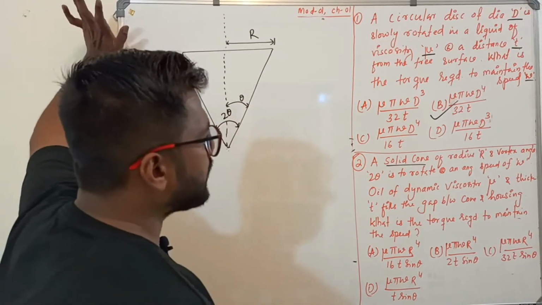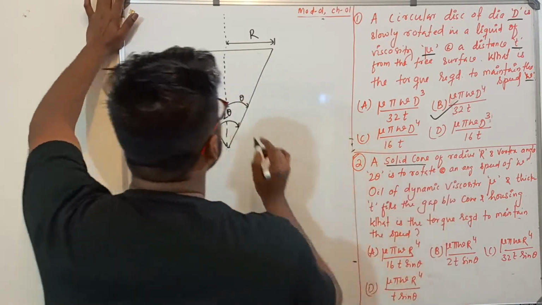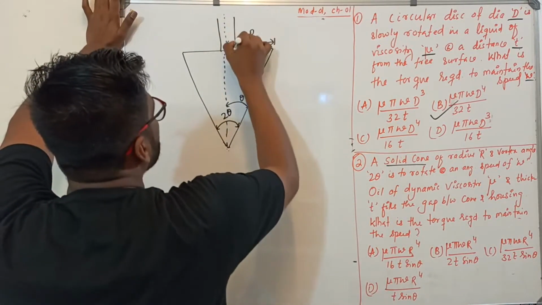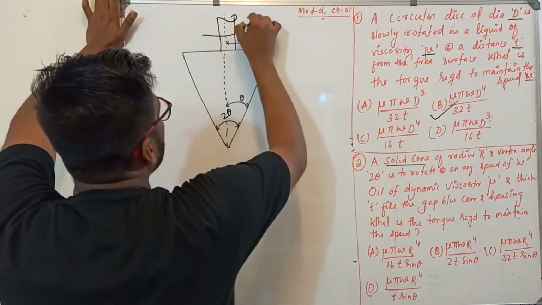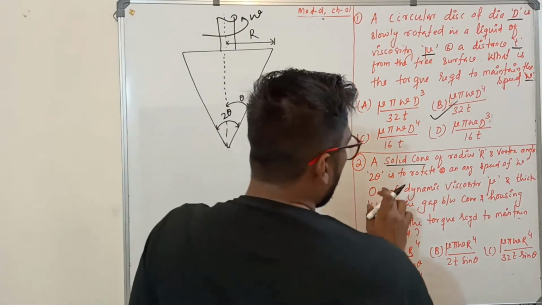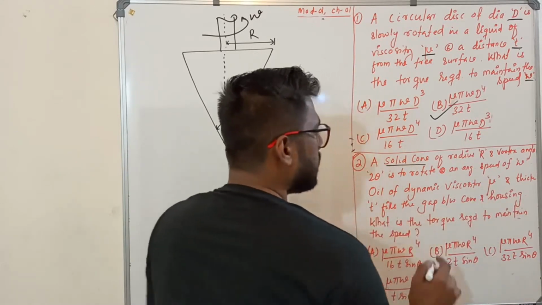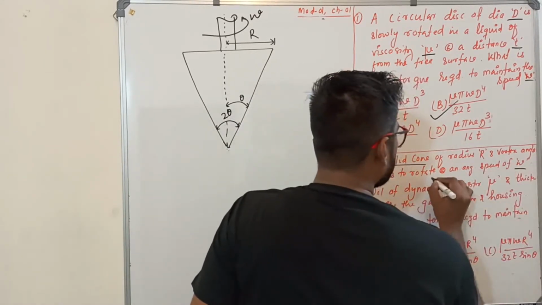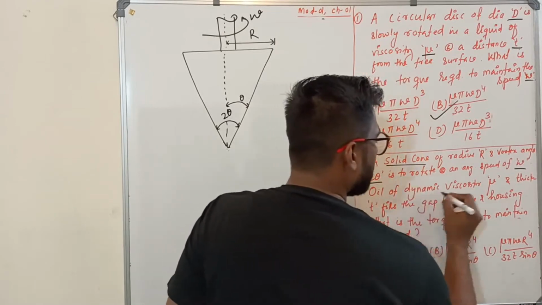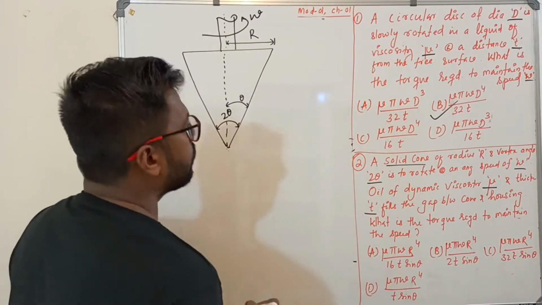Now, the cone is rotated at an angular speed of omega. We have connected a shaft and we are rotating it at omega. Oil of dynamic viscosity mu and thickness T fills the gap between the cone and the housing.